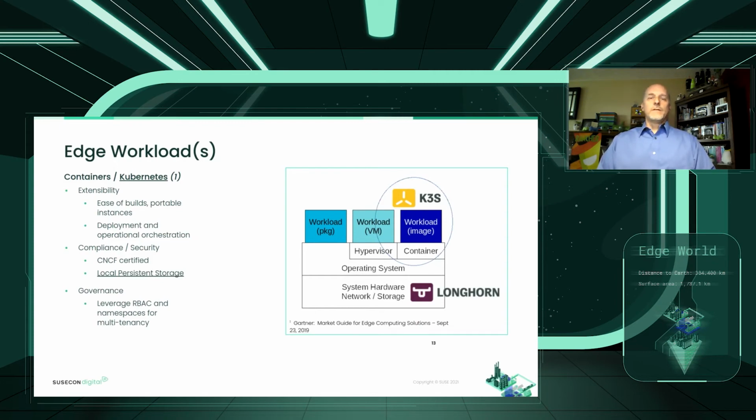And if you need to, and this is something that starts to come into effect really quickly when you start doing edge, because what are you doing? You're pulling in data from sensors, and I want to react to that and provide analytics or do whatever. So with a tool like Longhorn, which is local persistent storage, it creates a storage class for Kubernetes, persistent volume, and persistent volume claims that can go with any container you want.